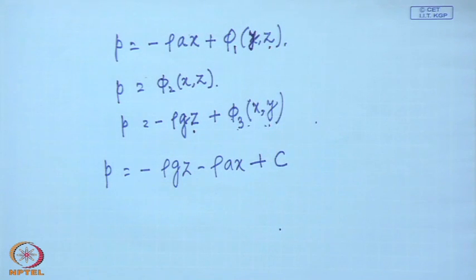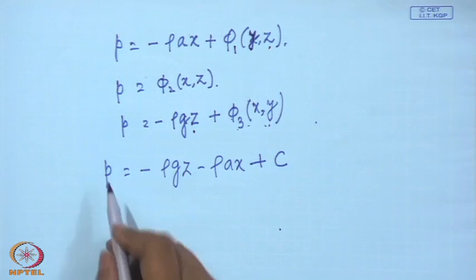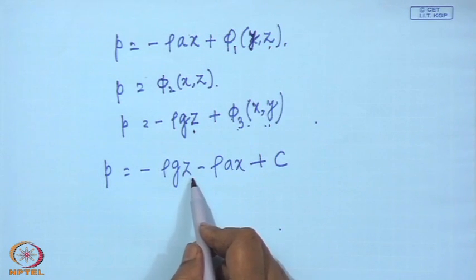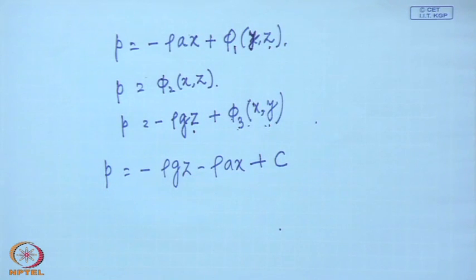This constant can be obtained by trying to find the pressure at a fixed location for x and z. So, we can satisfy that, let us say at the top left corner in the container.